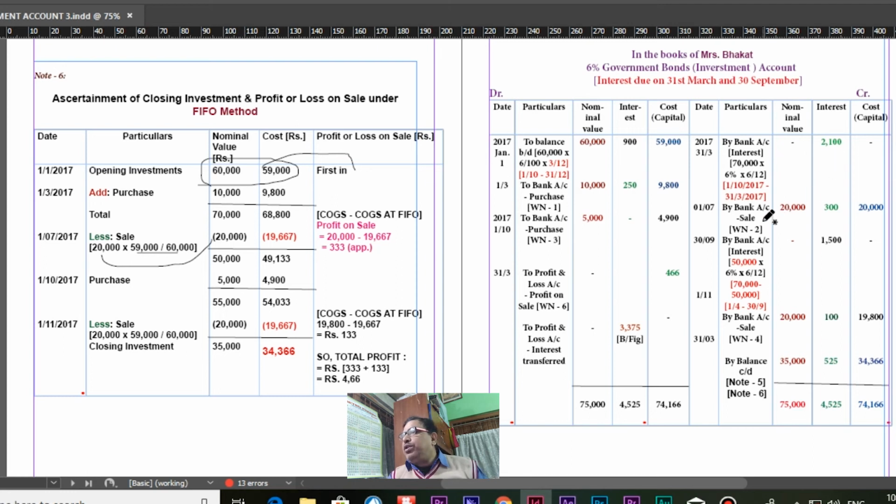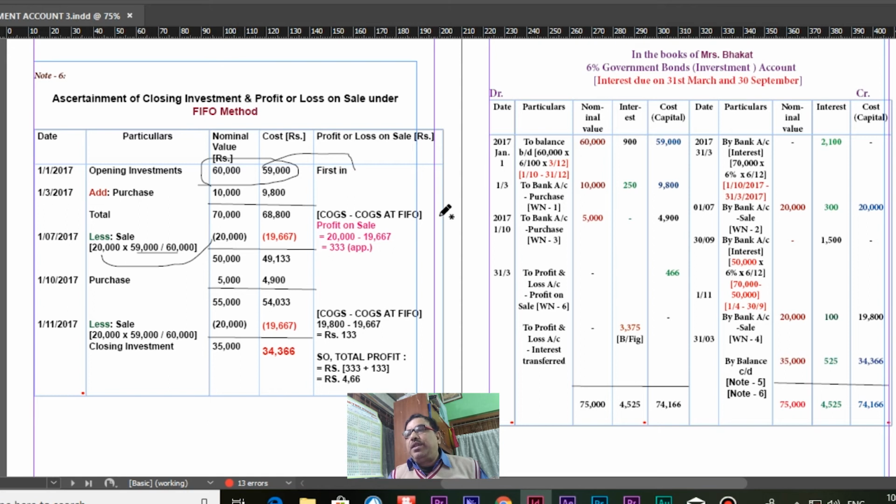Now I sold some bonds of rupees 20,000, and its capital or cost was 20,000. Therefore, cost of goods sold was 20,000. But I have to prepare again or calculate again the cost of goods sold at FIFO method.